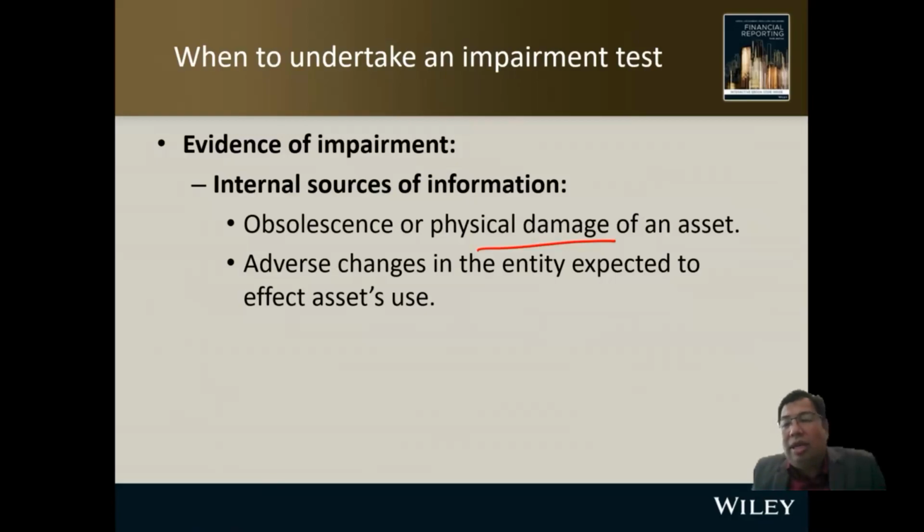You cannot sell the car or the van at a higher price because it got into a crash, for example. This is called physical damage or obsolescence, or adverse changes in the entity expected to affect the asset's use. So anything bad that happens to the asset will reduce the value, the recoverable amount, from that asset.